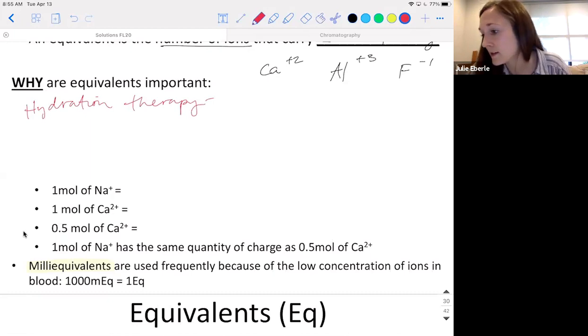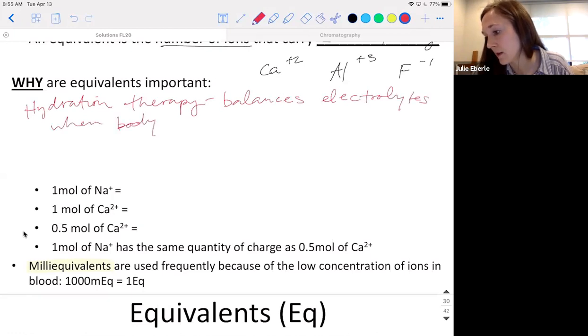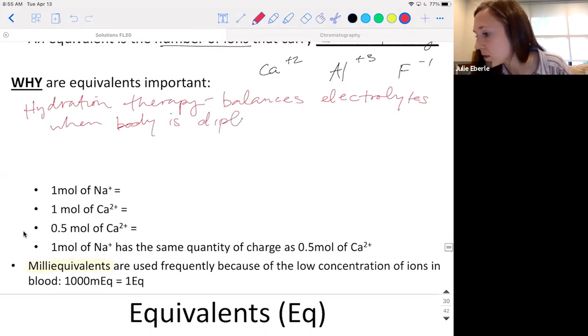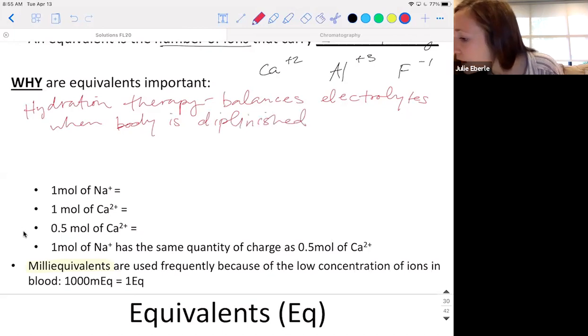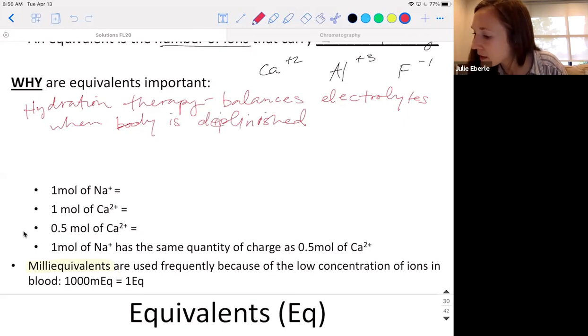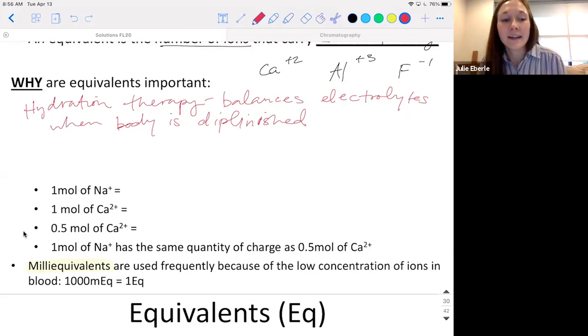All right, so this balances when the body is depleted. Okay, I totally don't think I spelled that right. Depleted, when your body is missing or low on electrolytes. You can do hydration therapy, all right? So you'll drink things like this.